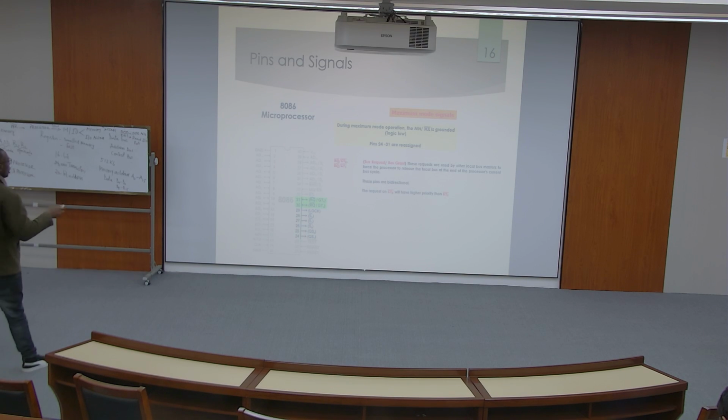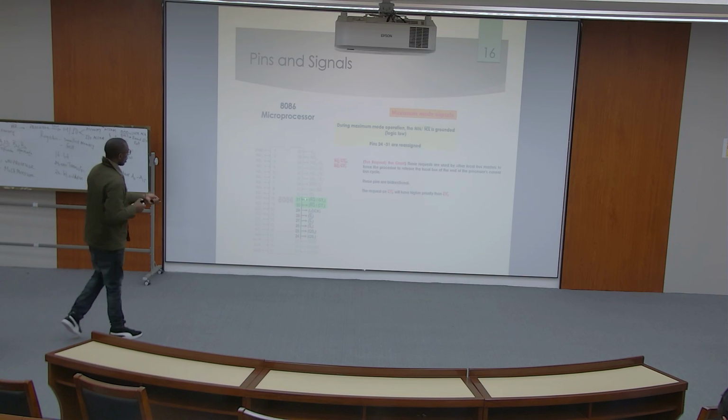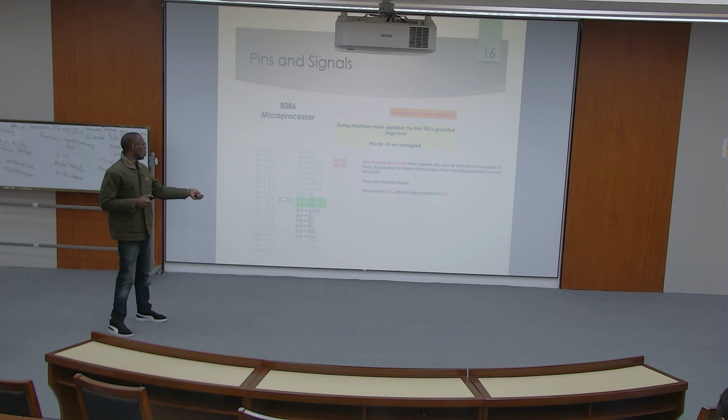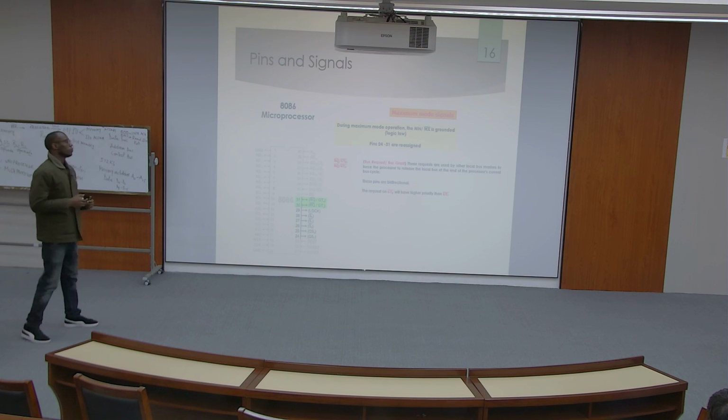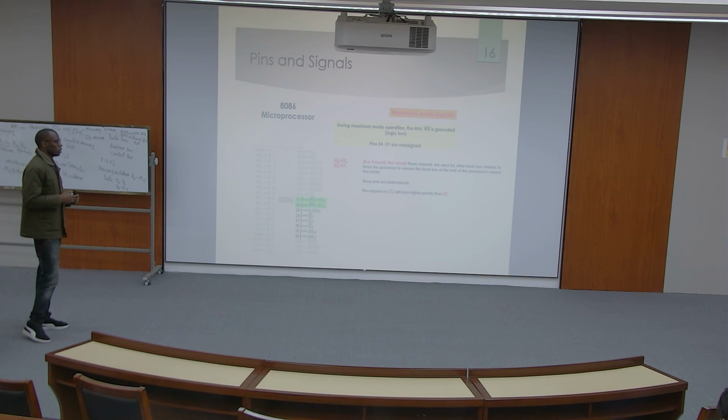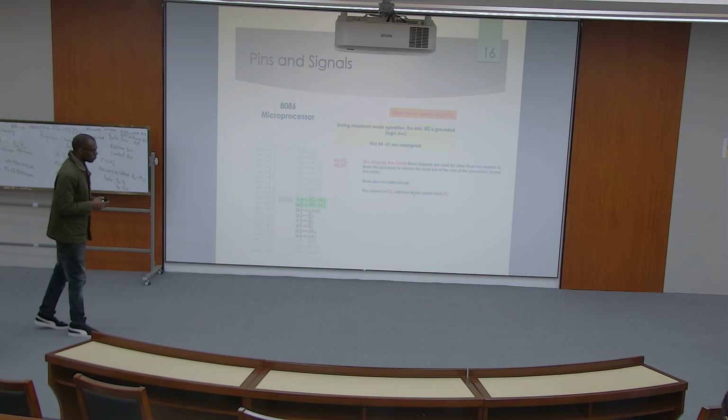If you look at pins number 31 and 30, they are both bidirectional because they need to send the bus request and get back the bus grant. These pins are very important if the microprocessor wants to handle the bus request. And the request on RQ/GT0 has higher priority than RQ/GT1.